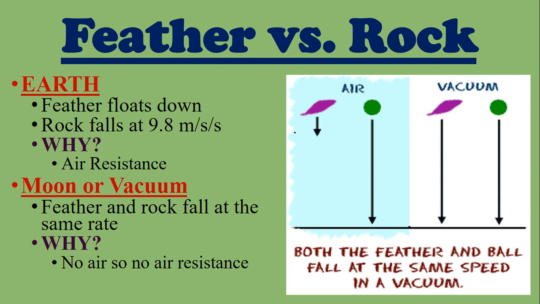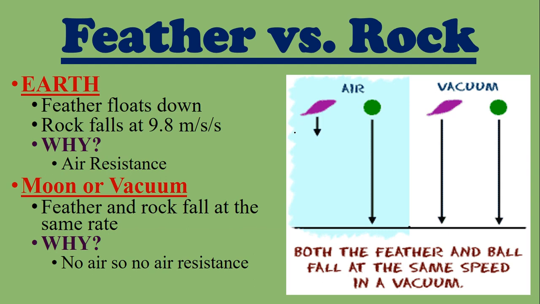You drop both of them, and the feather's going to float down to the ground, and the rock's going to fall at 9.8 meters per second squared. Why are they falling at different rates? Air resistance. Air resistance is going to catch the feather and make it float down, while the rock has less surface area and is not going to be factored into air resistance that much.